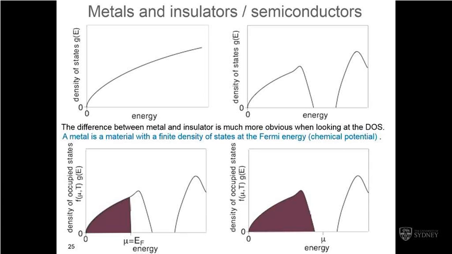Forbidden gap, no electrons can go in there. So if you have a metal, you can fill the bands up to a certain point, and there is a finite density of states at the Fermi level. So that's one way of remembering this is a metal. In a semiconductor, the band is completely filled. At the Fermi level, there is a zero density of states.